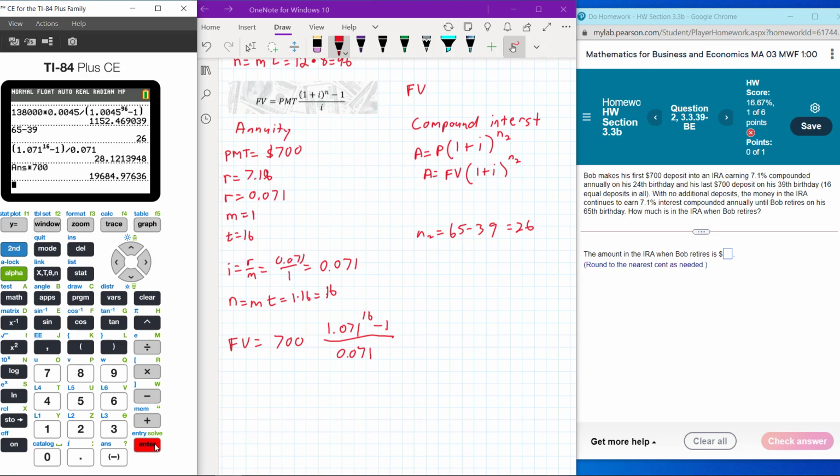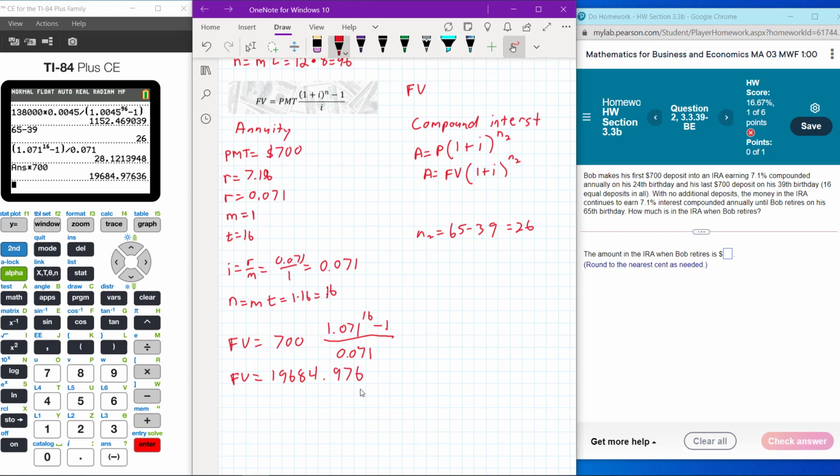And that will give us a future value of 19,684.976. Since the third decimal place is a 6, greater than 5, we are going to round up, and that means our future value is going to be $19,684.98. And this is the future value of the annuity.